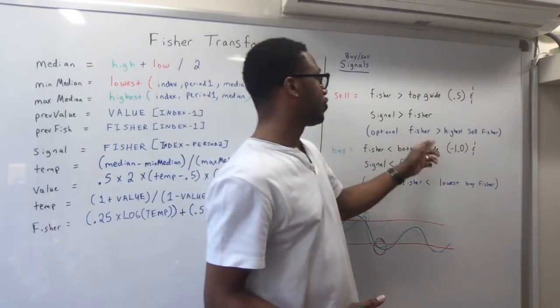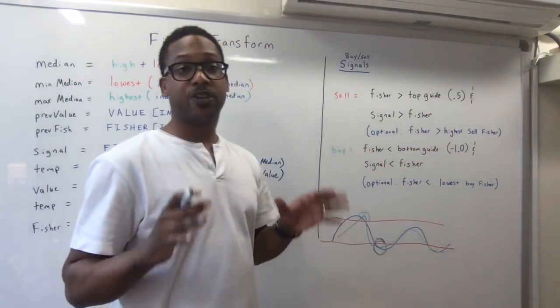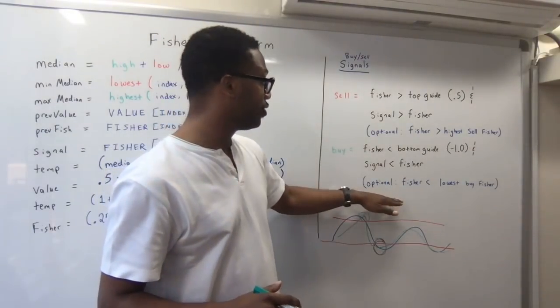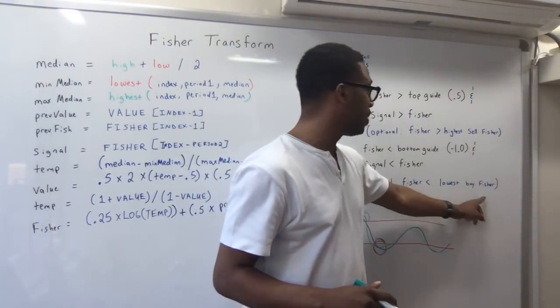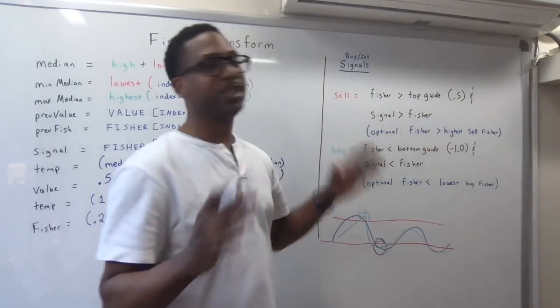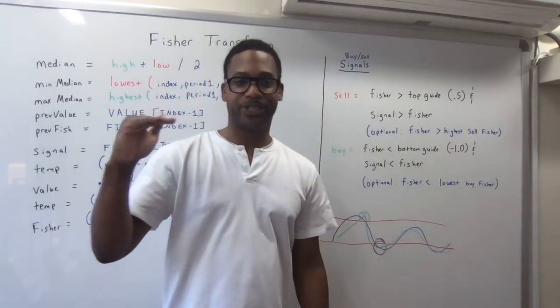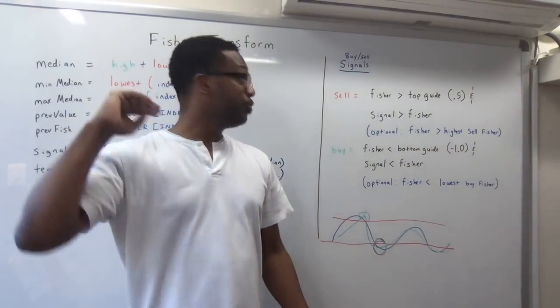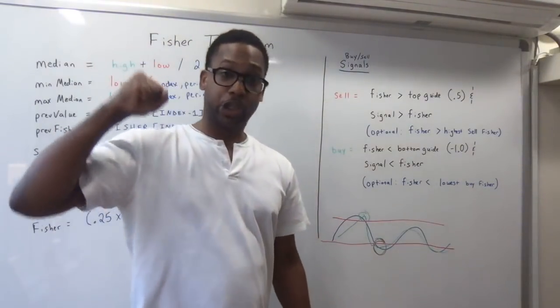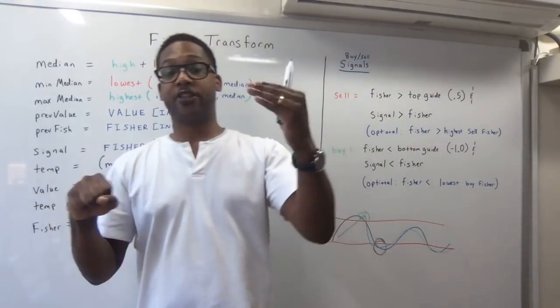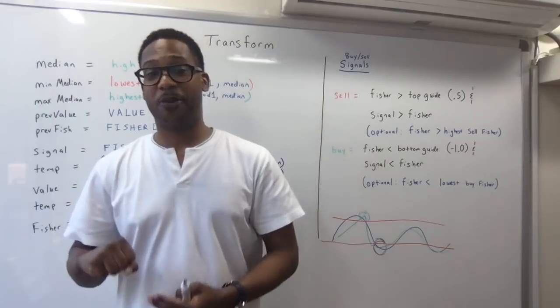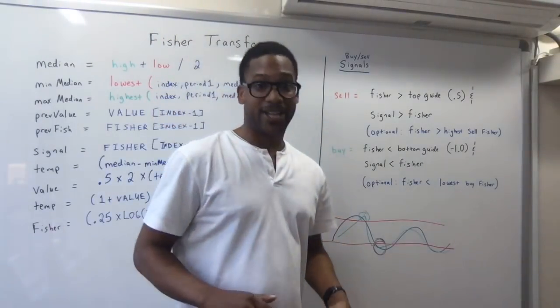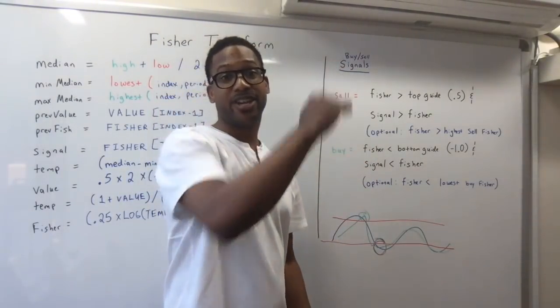Now, the other thing that's really important here, so some people think a really good sell signal and a good buy signal is based on taking your lowest buy Fisher and your highest sell Fisher. What this means is that every time you make a buy decision, you set this number to the lowest buy, and if you get another buy signal and it's not lower than that one, then you don't buy. And same for sell, except higher than, right?